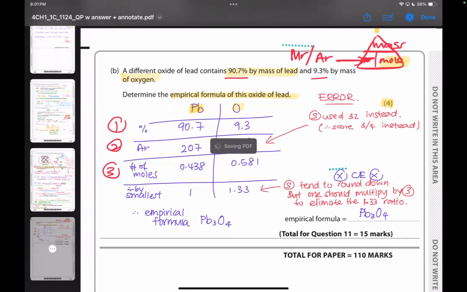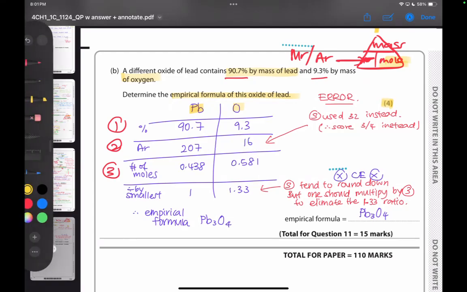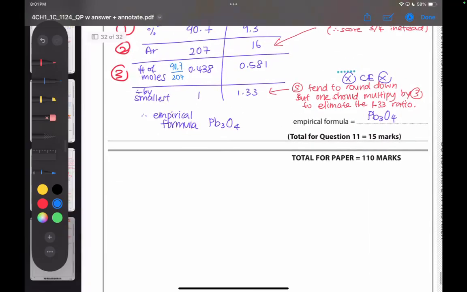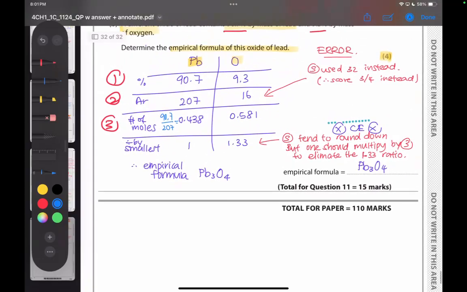I should write this down in case you're wondering where I get this weird string of numbers, 0.438. It's 90.7 divided by 207, mass divided by Ar. You can punch it into your calculator as well. 9.3 over 16, you should also get this value.